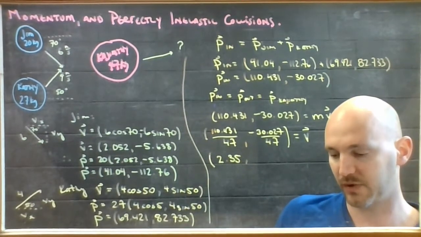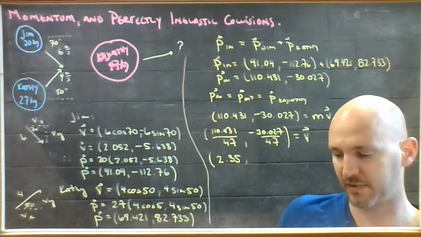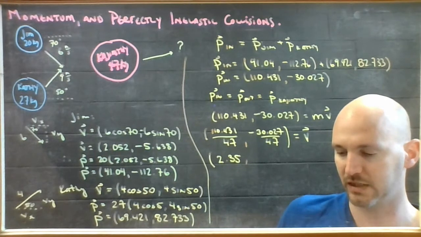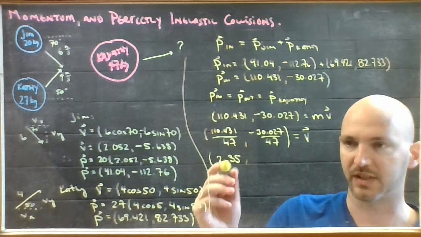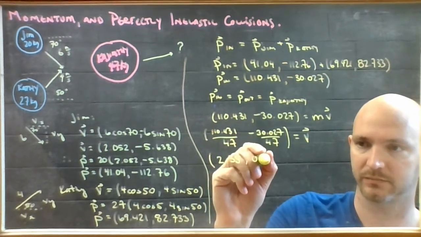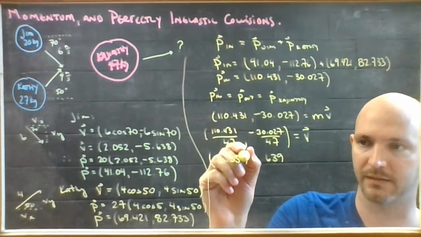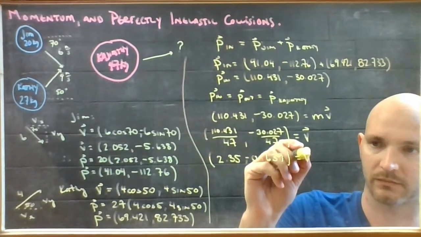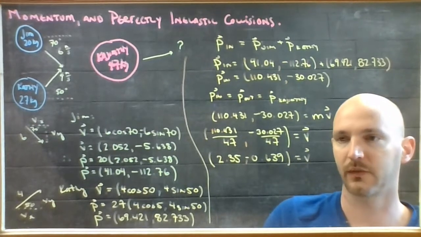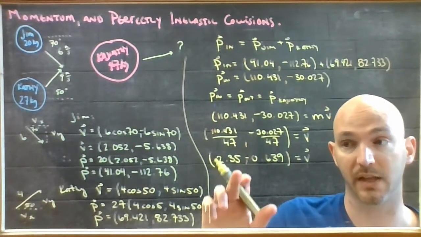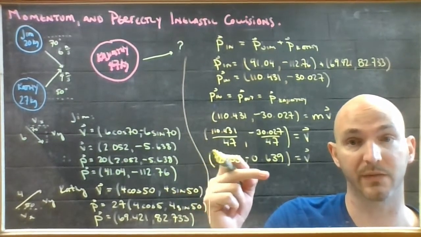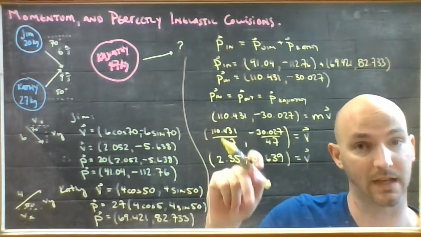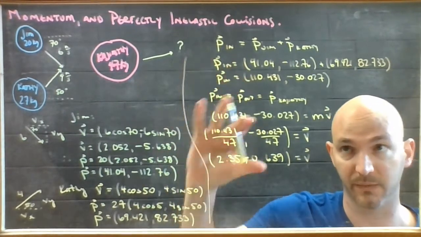And 30.027 divided by 47 gives me 0.639, negative. So I end up with a velocity that is a great deal forwards and a little bit downwards, which is what we sort of expected.